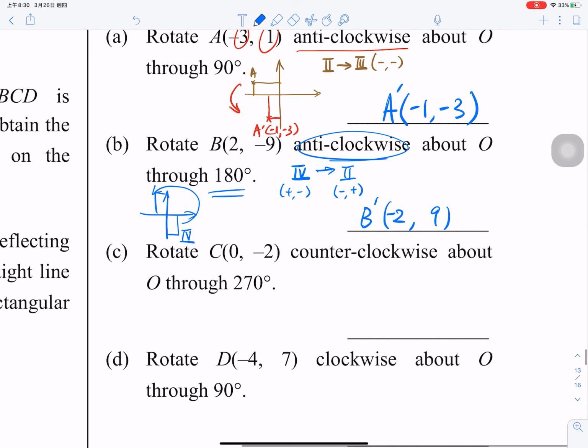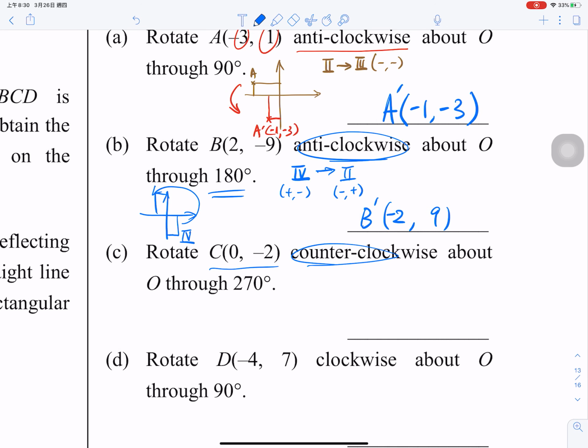How about C? Counterclockwise about O through 270 degrees. Okay, so let's see. This time is a little bit difficult. It seems C lies on an axis, not in any quadrant.